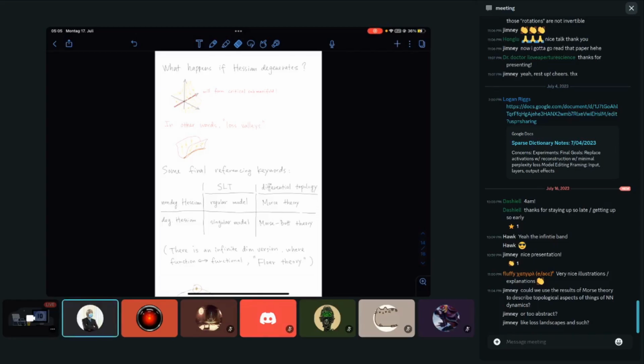Describe topological aspects of neural network dynamics. Yes, loss landscapes, exactly. I don't know any concrete results, but I feel like there should be something out there. I think it's possible. That's why I want to bring it up here. I want to talk about Morse theory because I always vaguely feel like there's something. The obstruction is that Morse theory is sometimes kind of abstract, but we want to talk about something concrete.